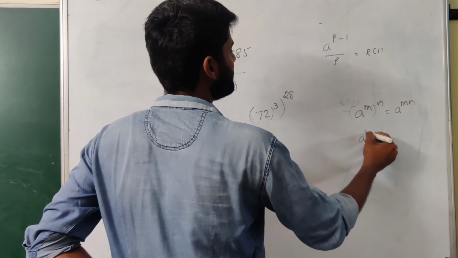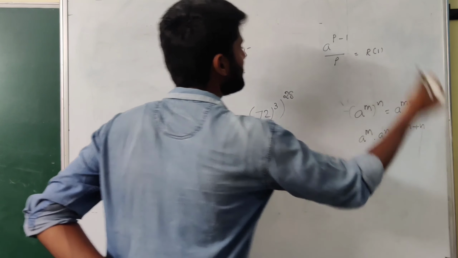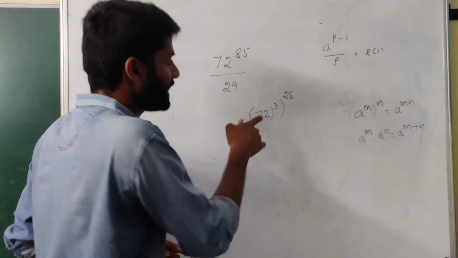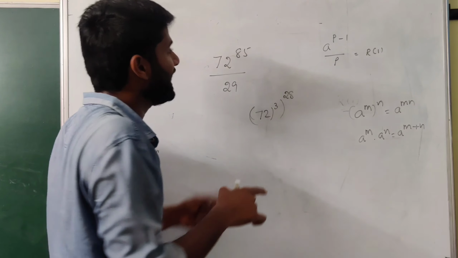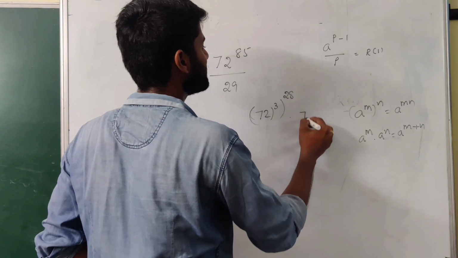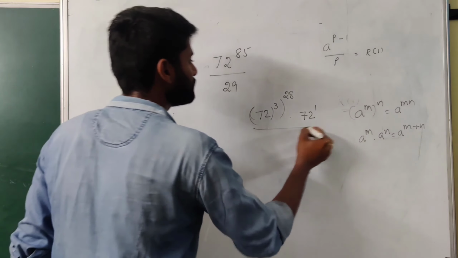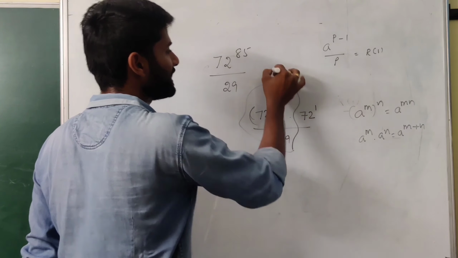And another property: a power m into a power n can be written as a power m plus n. So by applying these formulas, you can write 72 whole power 3 into 28. 28 threes are 84, and one particular value is left, so we write 72 power 1, divided by 29. According to Fermat's rule, this value is exactly 1.